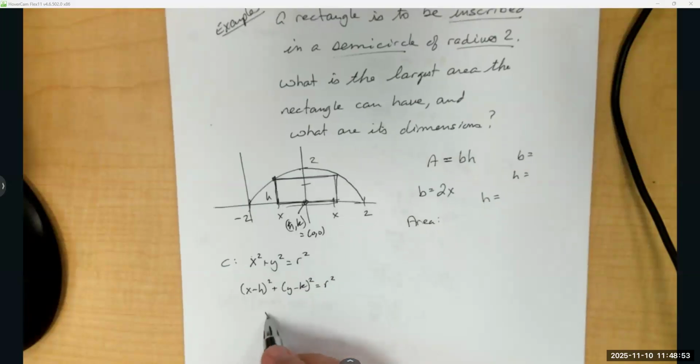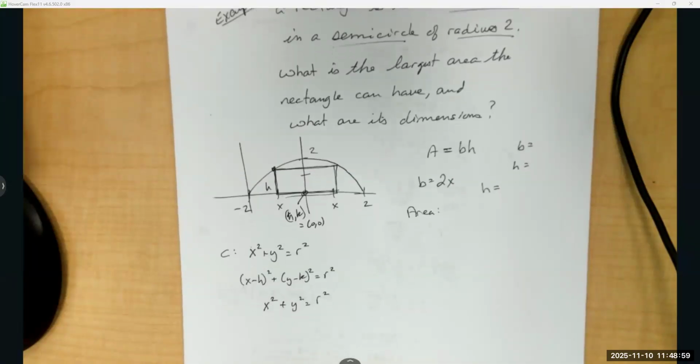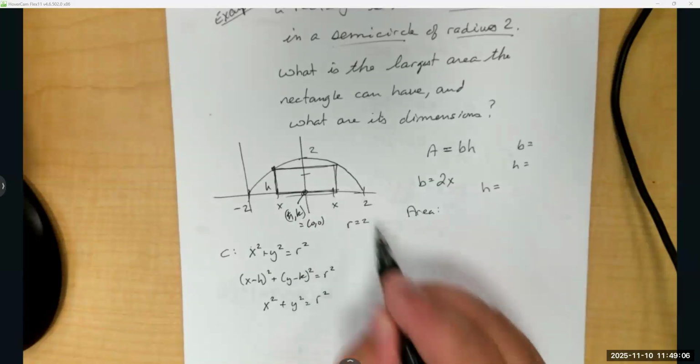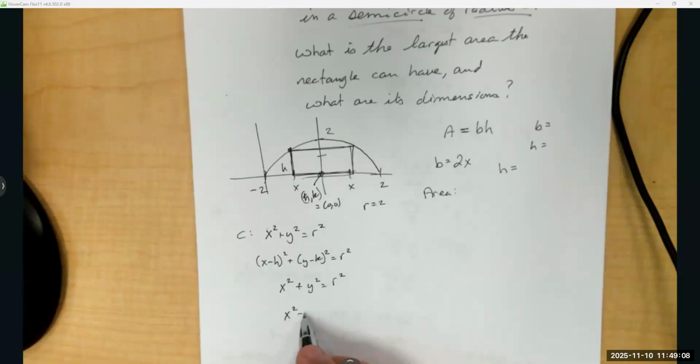So we have x squared plus y squared equals r squared. So what's the radius? Radius is 2. So x squared plus y squared equals 2 squared.